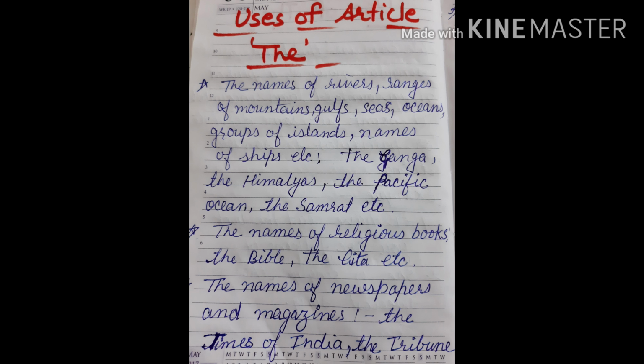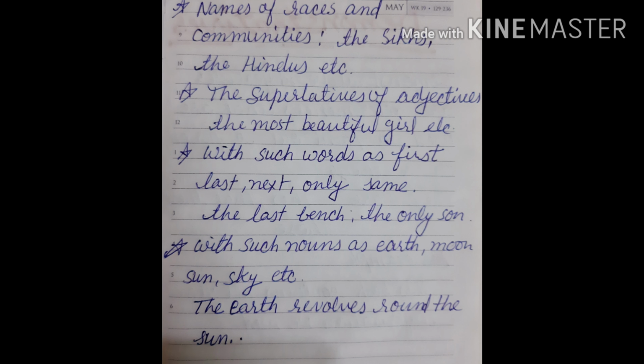For example, the Ganga, the Himalayas, the Pacific Ocean, the Samrat, etc. Before the name of a religious book, we also use the definite article: the Gita, the Bible, the Quran, etc.